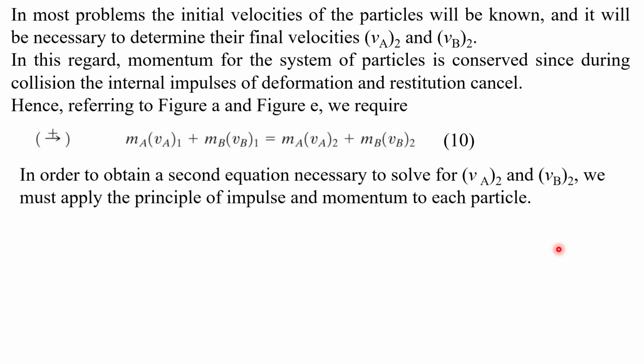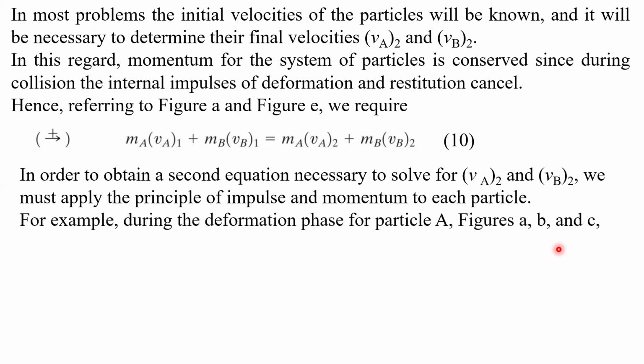In order to obtain a second equation necessary to solve for VA2 and VB2, we must apply the principle of impulse and momentum to each of the particles. For example, during the deformation phase of particle A, in figures A, B, and C, we have that MAVA1 plus integral P dt is equal to MAV.